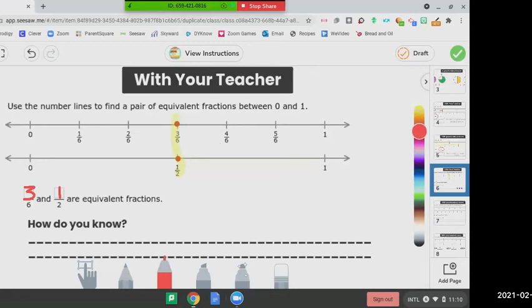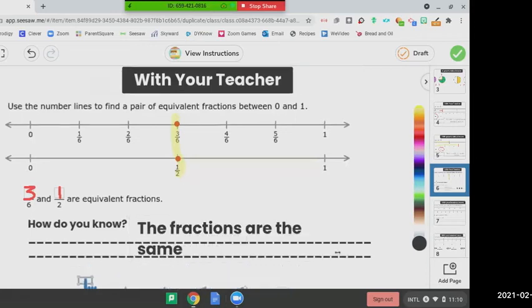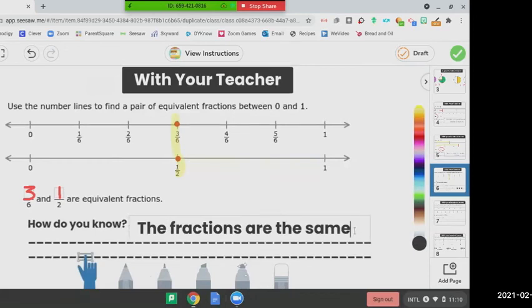Question is, how do you know? We know the same way we know when anything is equivalent. The fractions are the same sized part of the whole.